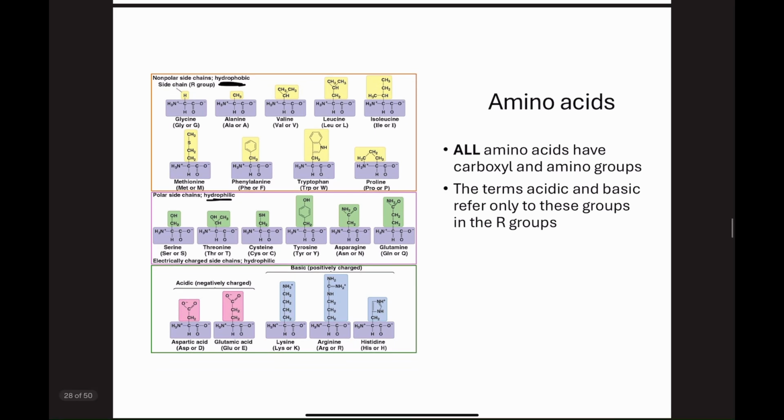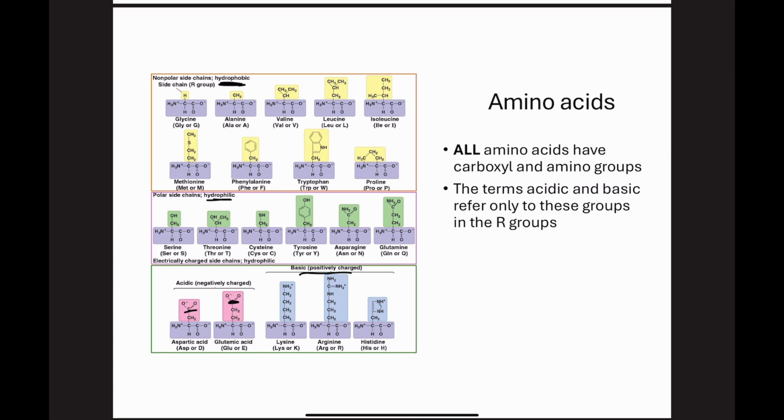And then we have another group of amino acids, which has functional groups that are ionized. They are charged at the cellular pH. And some of these R groups have a negative charge because they have an extra carboxyl group, which is what we see here. But basic R groups have amino groups that are positively charged, which is what we're seeing here.